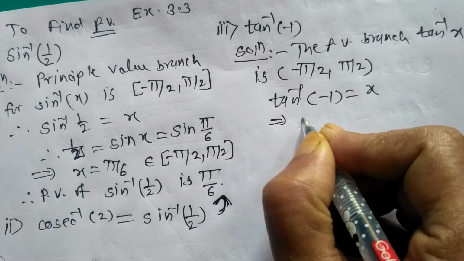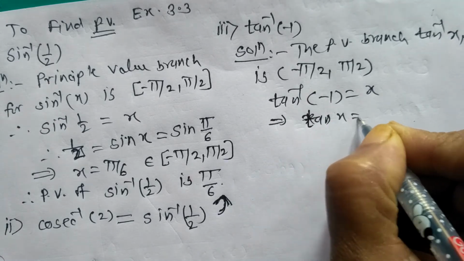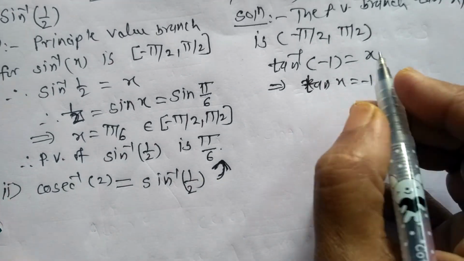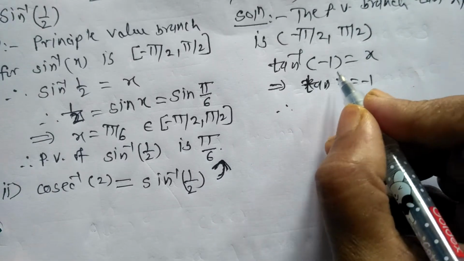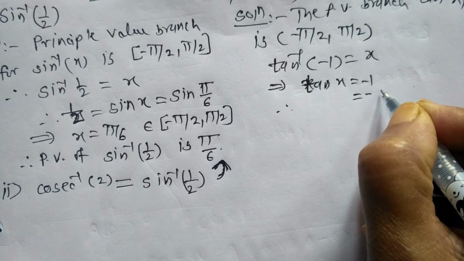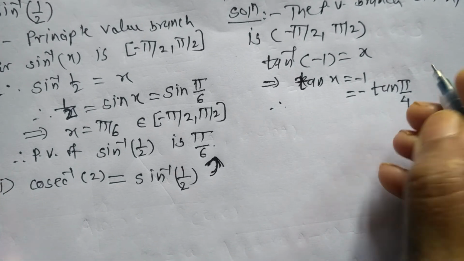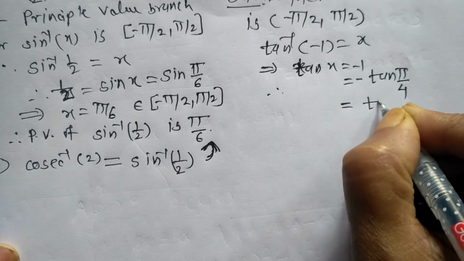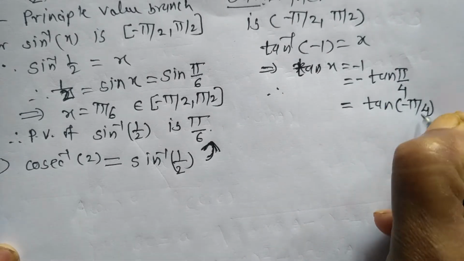What does this imply? Here we get tan x is equal to minus 1. We know the tangent ratio is negative, so minus 1 can be replaced by minus tan pi by 4, and by using the concept of negative angle, minus tan pi by 4 is tan of minus pi by 4.